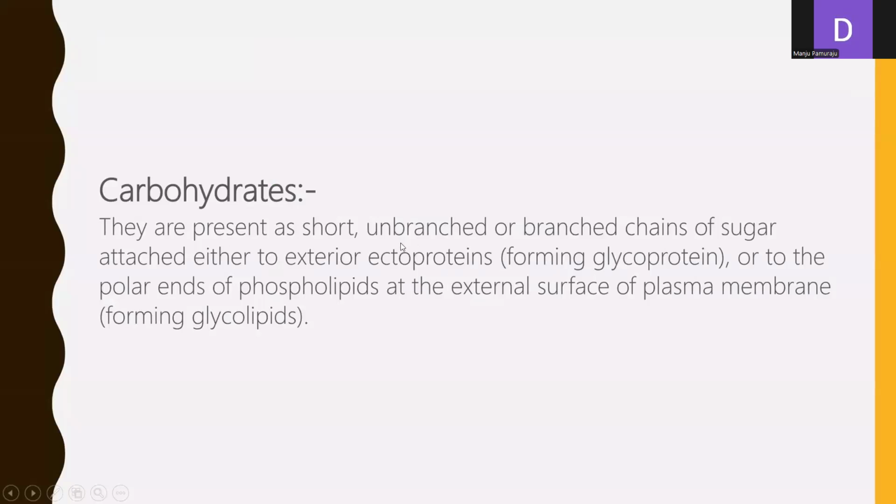When carbohydrates are attached with proteins, they are called glycoproteins. If they are attached with lipids, they are called glycolipids.